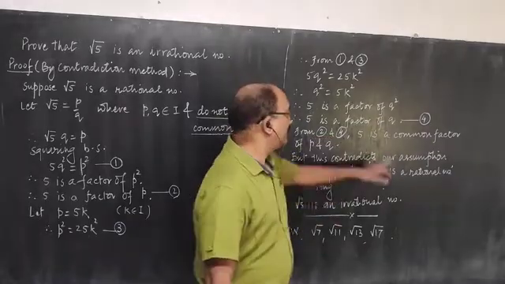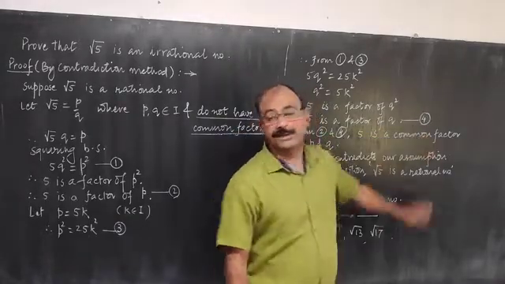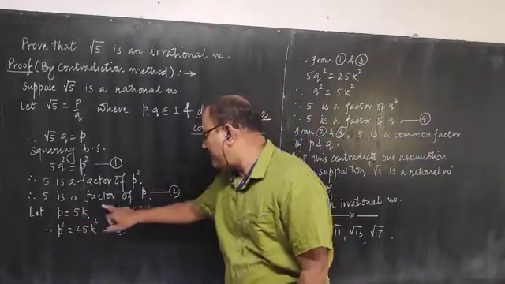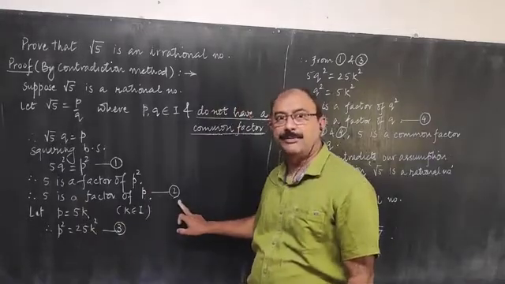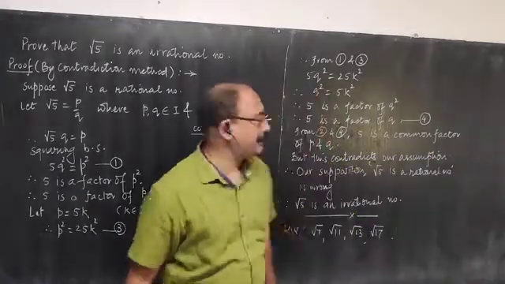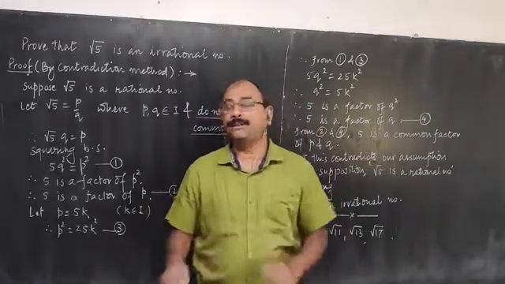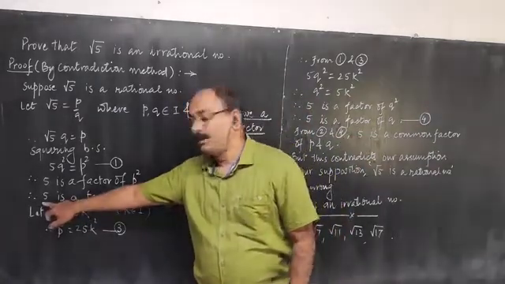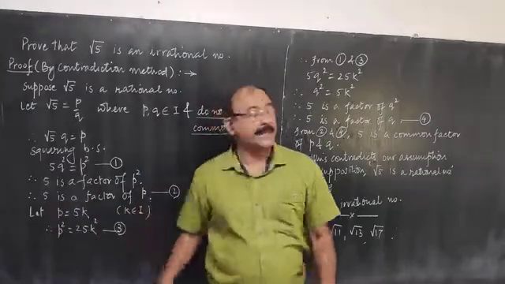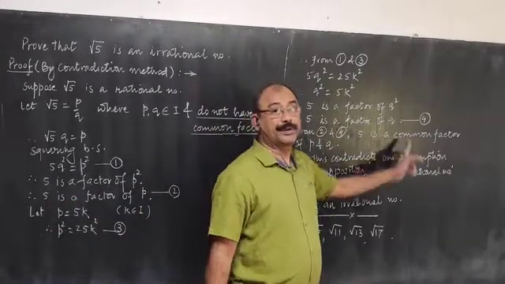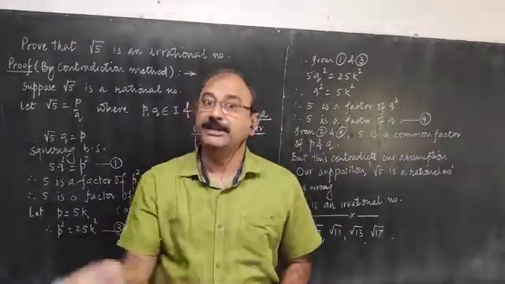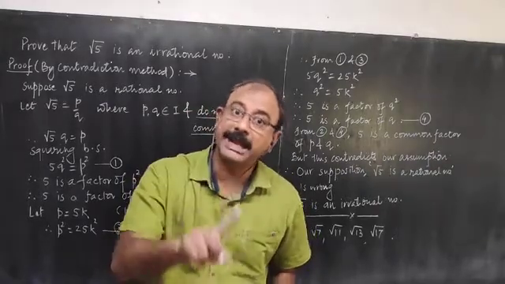Now I have given number 4 to this equation. Here I have written 5 is a factor of p, statement number 2, and here it is statement number 4. If you combine the two statements, 5 is a factor of p and 5 is a factor of q, that means 5 is a common factor of p and q.